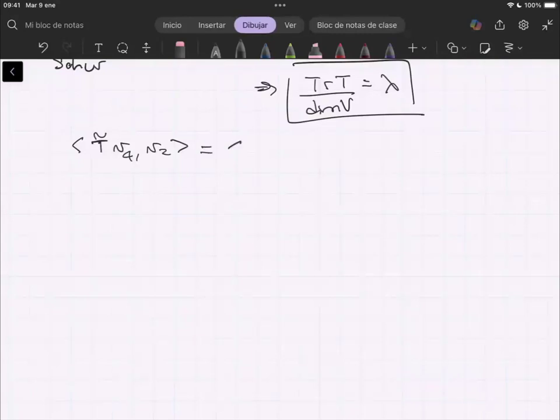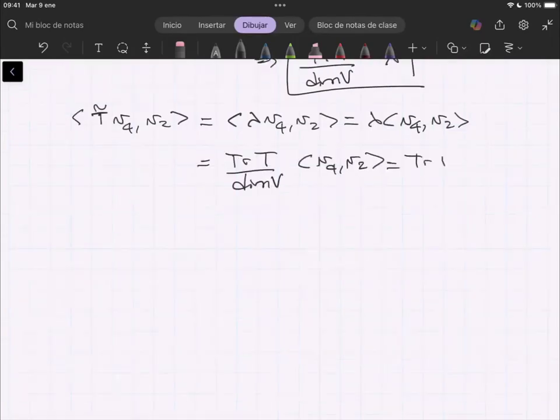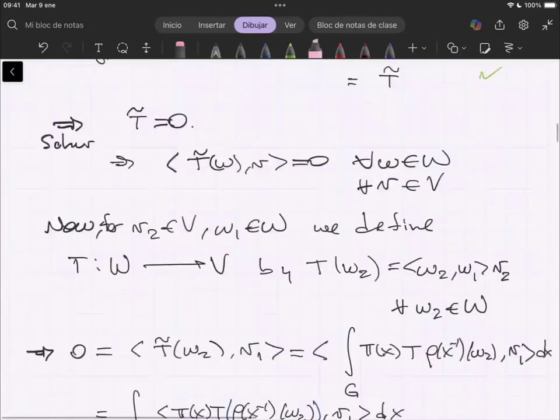This is the multiple of V4 times V2, and this is the multiple of V4 times V2, and the multiple is the trace of T divided by the dimension of V times V4, the trace of T divided by the dimension of V times V2, V4 conjugated.